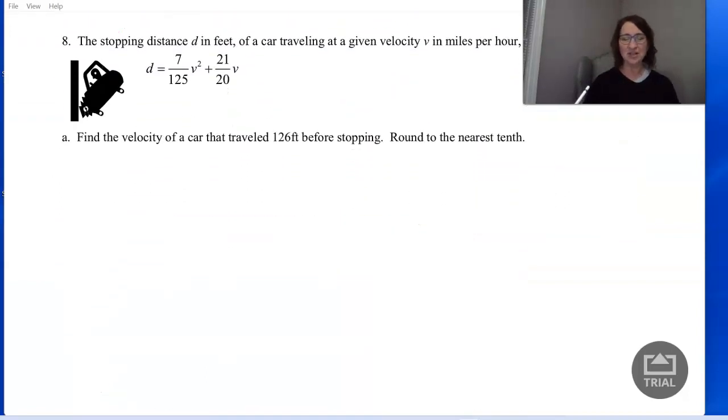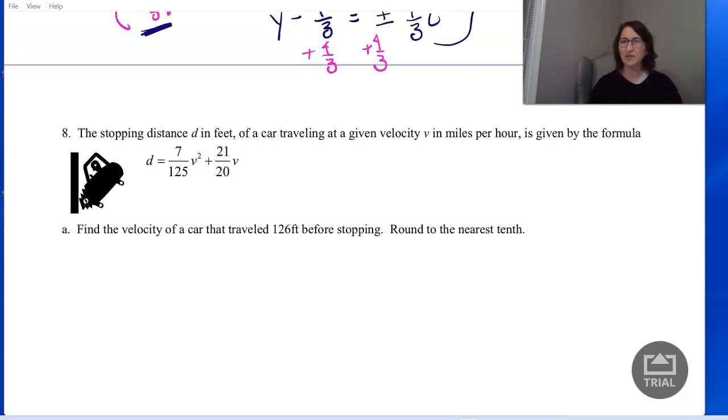All right. Let's look at one application. I love this application. So you can read it here. The stopping distance in feet of a car traveling at a given velocity v in miles per hour is given by this formula right there.